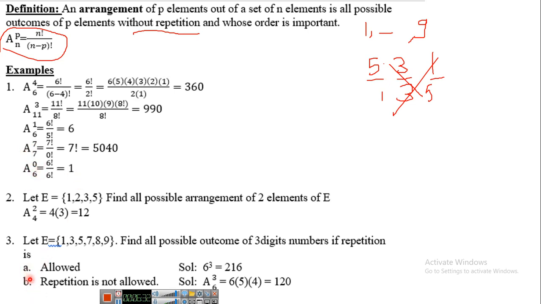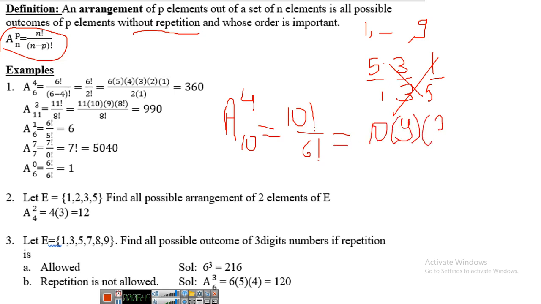Another thing we talk about: suppose I told you I want arrangement 4 out of 10. Directly you can say it's 10 factorial over 6 factorial, the difference. Directly, you go from 10 for 4 units, so 10, 9, 8, 7. In the calculator you have it: it is shift times.